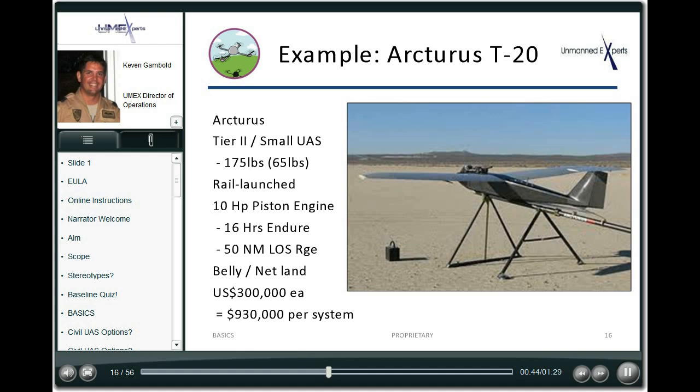It has a carbon fiber belly to just scrape along the grass or the runway, but it has a pneumatic launcher to get it airborne. Small piston engine, which gives it an enormous endurance, though. 16 hours is incredible, really, and we are talking about a different capability here. It is effectively not a visual line of sight, but a radar line of sight system.